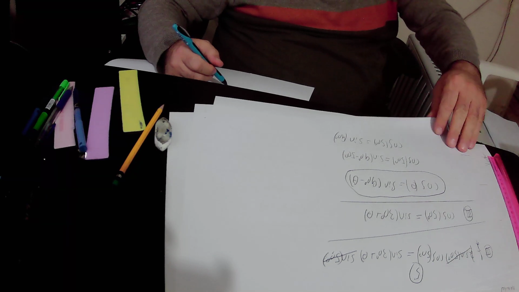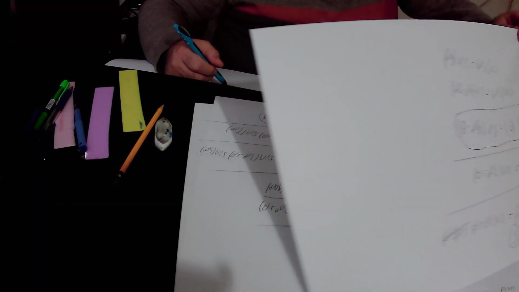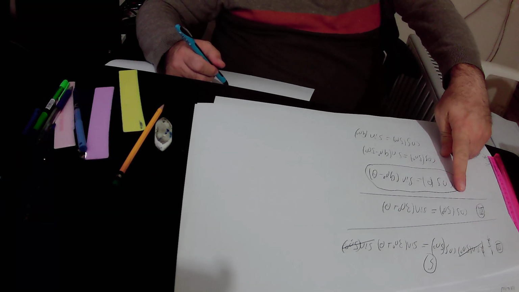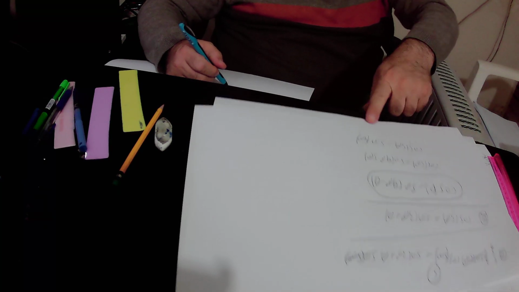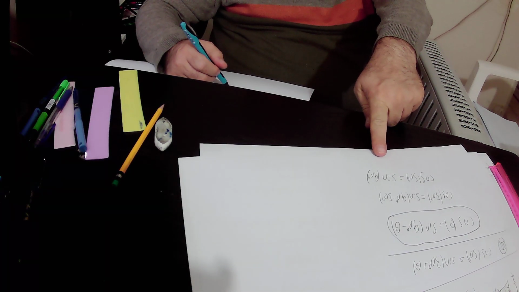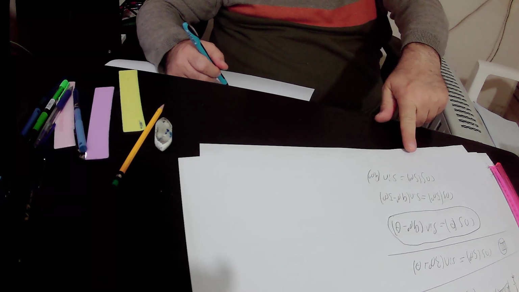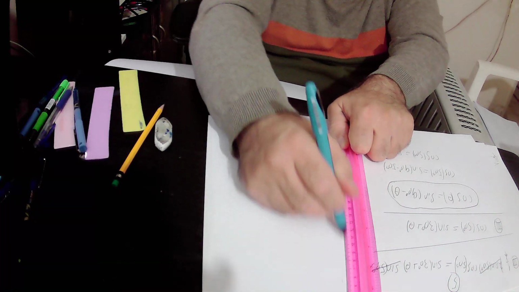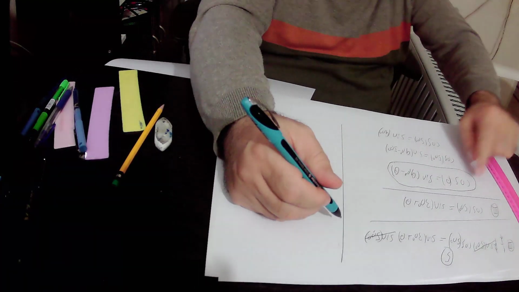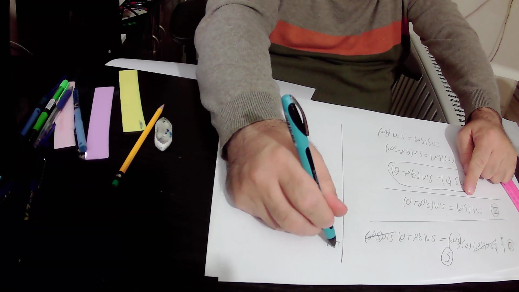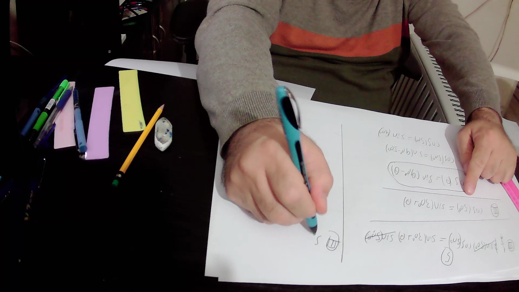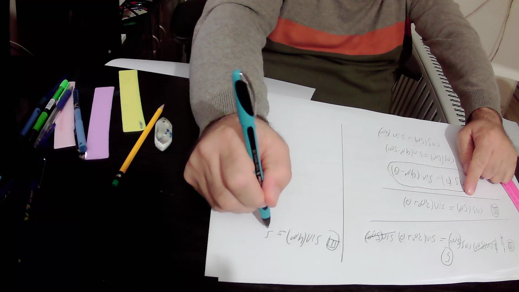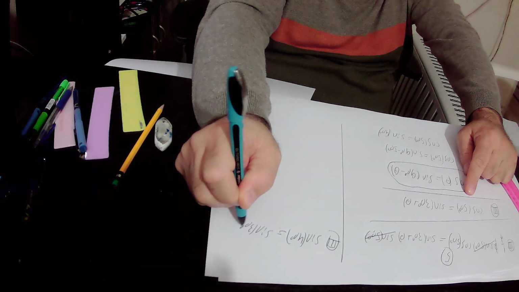So we can substitute cosine 50 degrees in equation number 3 by sine 40 degrees, because sine 40 degrees equals cosine 50 degrees. So we will get that sine 40 degrees will be equal to sine 30 degrees plus theta.